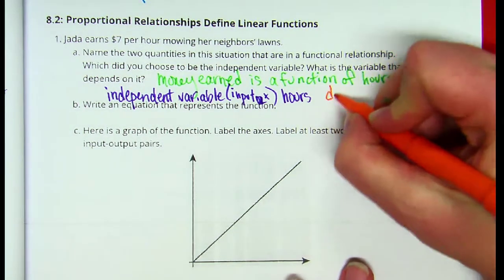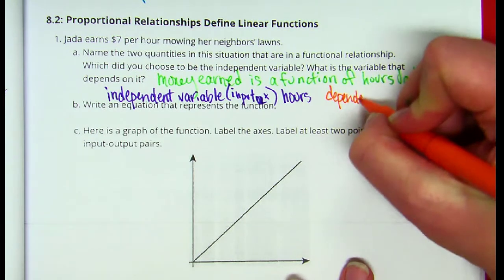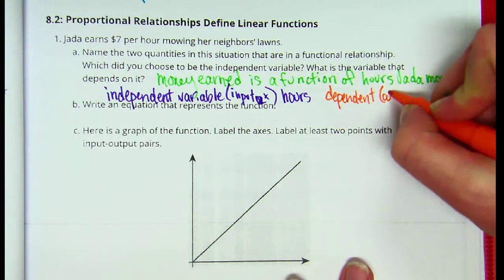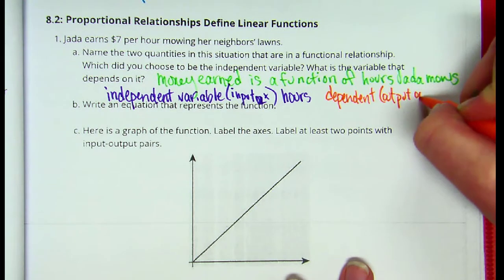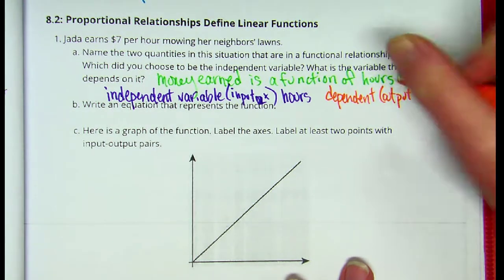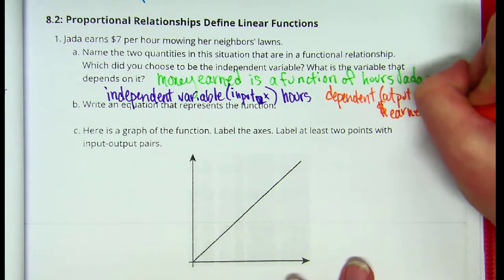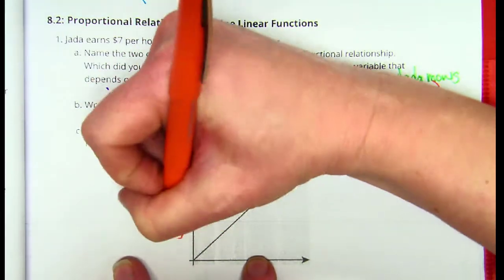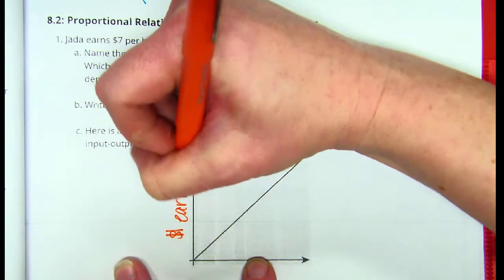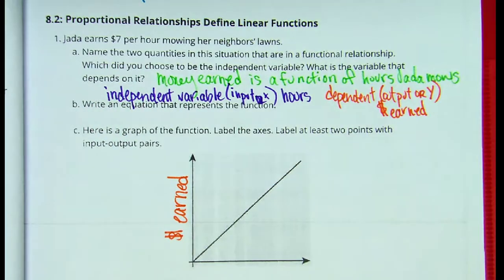Your dependent or your output or your y would be the money earned. So if I could go ahead and put that on my axis here, my y-axis.